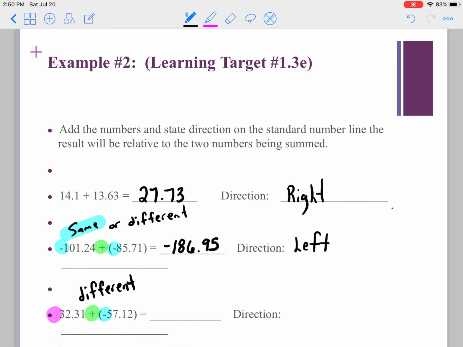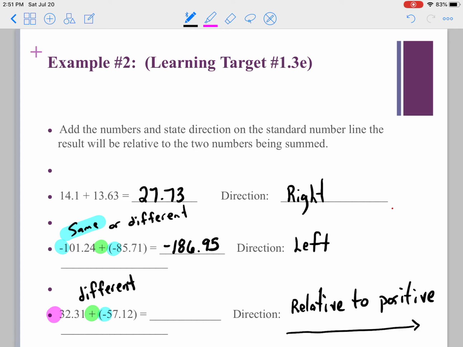And so when we look at the direction, we have to look at it relative to one of the two. Well, let's look at it relative to the positive number. So the positive number is 32.31. Okay, so that's our positive number.